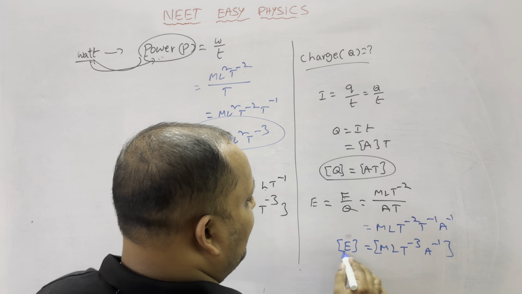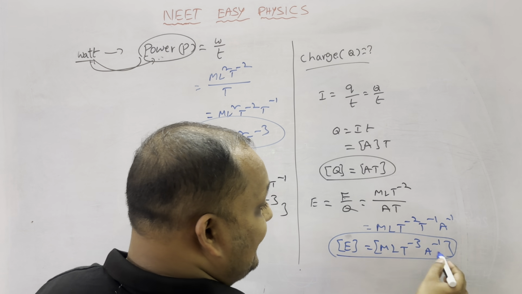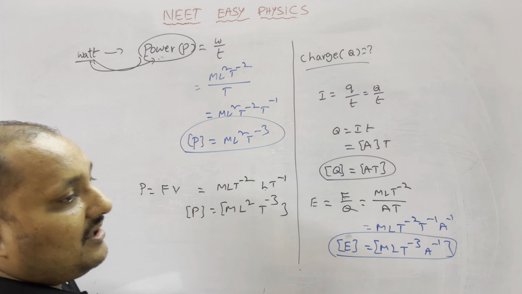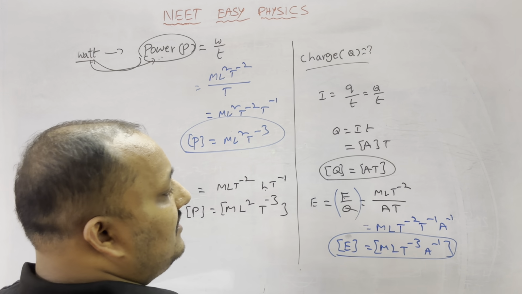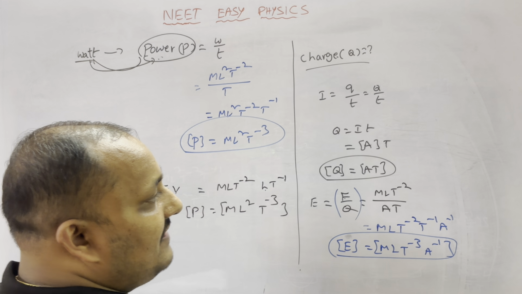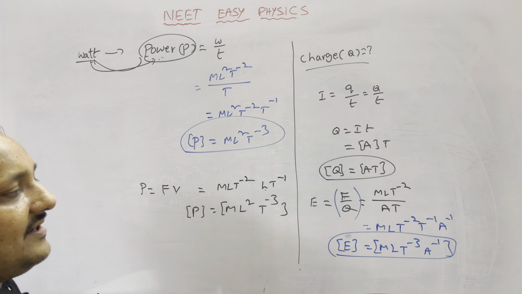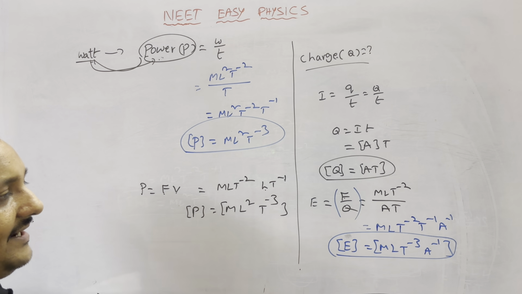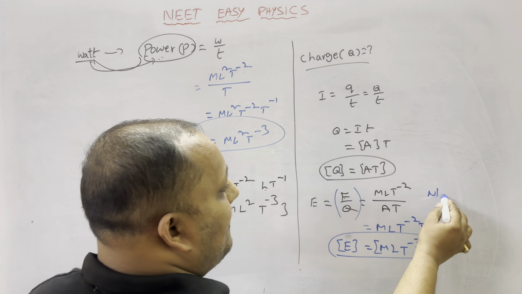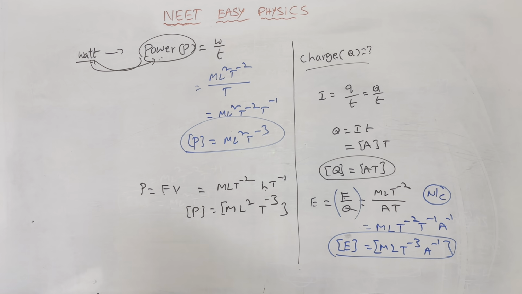This is the dimension formula for electric field. You cannot remember the right side dimension formula, but you can remember E is equal to F by Q very well. Otherwise E is equal to kq by r². Whichever equation you know, you are going to get it. The unit is Newton per coulomb.